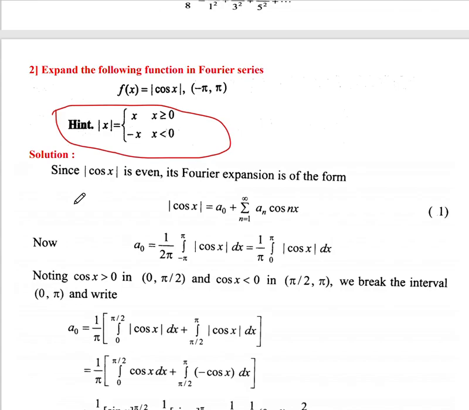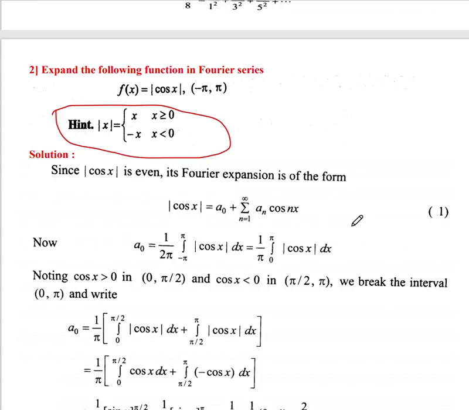Therefore here the bn term will become 0. Okay, so here only the terms a0 and an will remain. So therefore the Fourier expansion for mod cos x will be given as f of x equal to a0 plus sum n equal to 1 to infinity an cos nx.